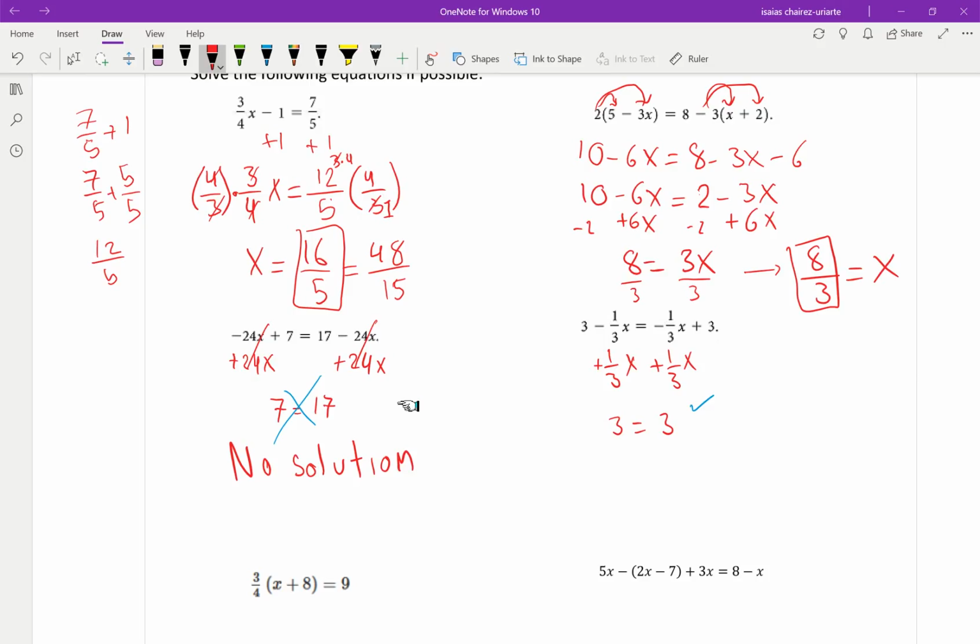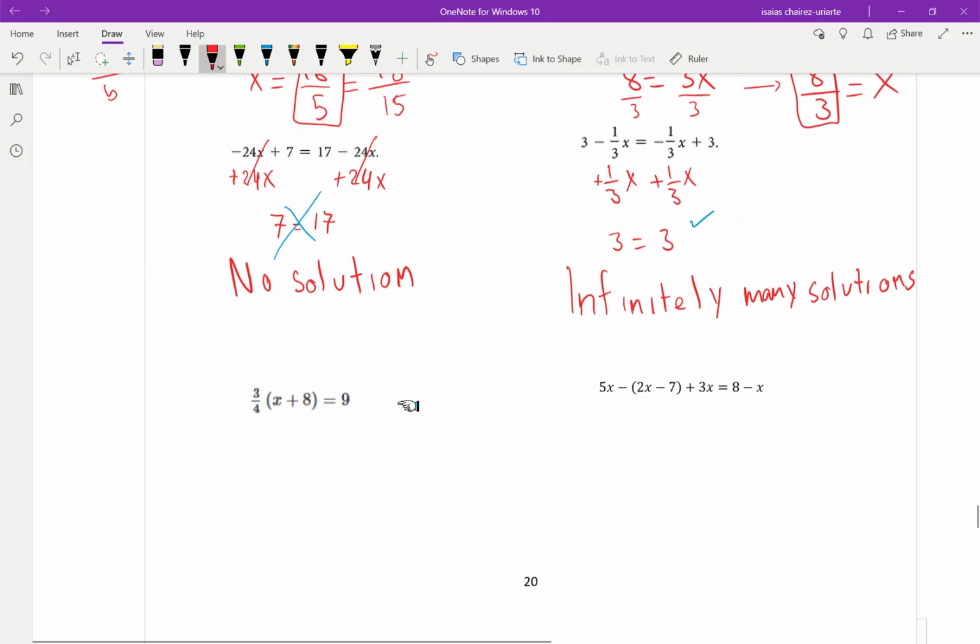It doesn't matter what value of x you choose, it's going to satisfy your equation. So infinitely many solutions. Okay, so hopefully we agree so far on these first 4 problems.